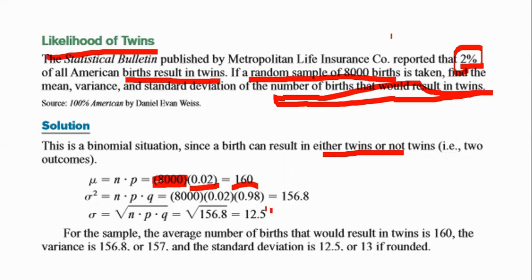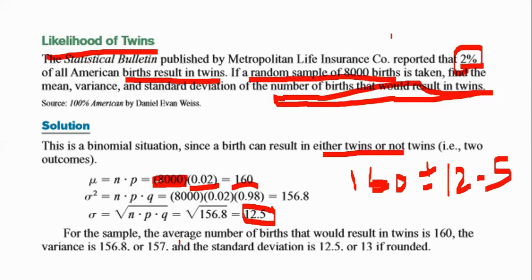And if they have taken the standard deviation by simply calculating n into p into q and its root, it's 12.5. So on average, out of every 8,000 births, it should be the case of 160 plus minus 12.5. Right, so the number should be within this range, right?